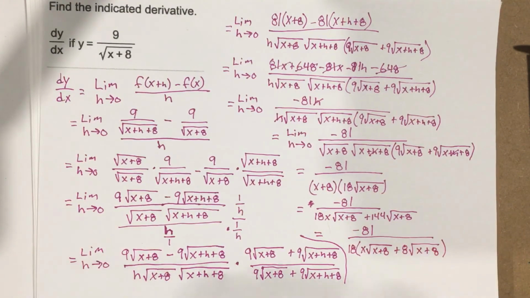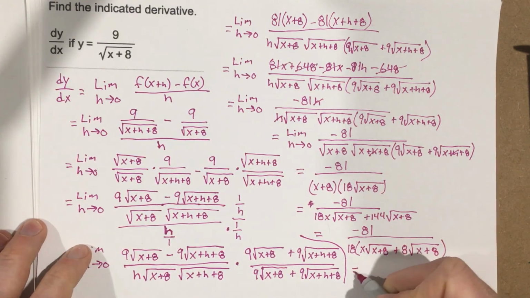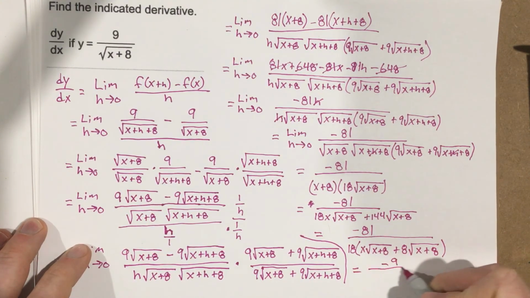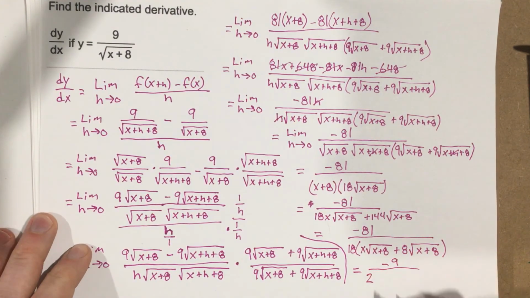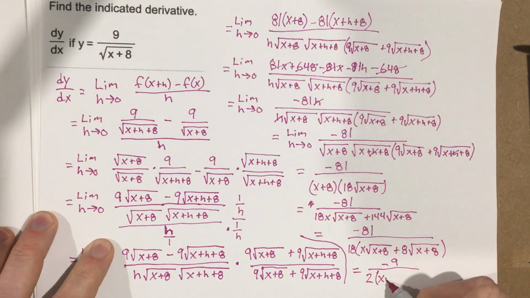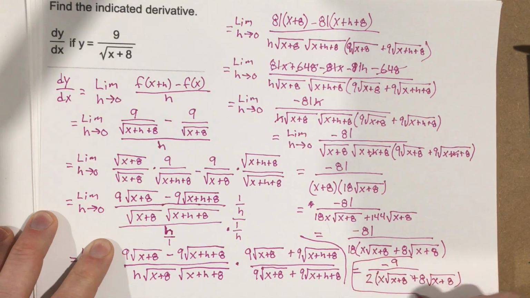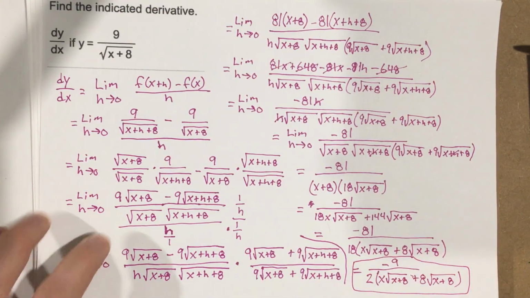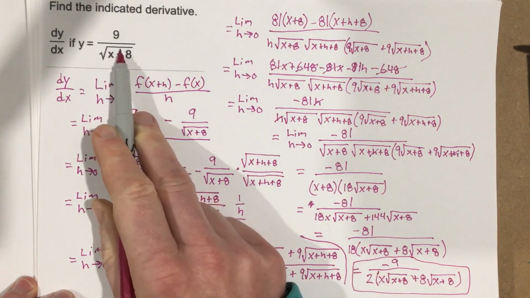When we simplify here, we can divide them both by 9. And so we end up with negative 9 over 2, and we can call it 2x root x plus 8 plus 8 root x plus 8. And that's the derivative for this original function.